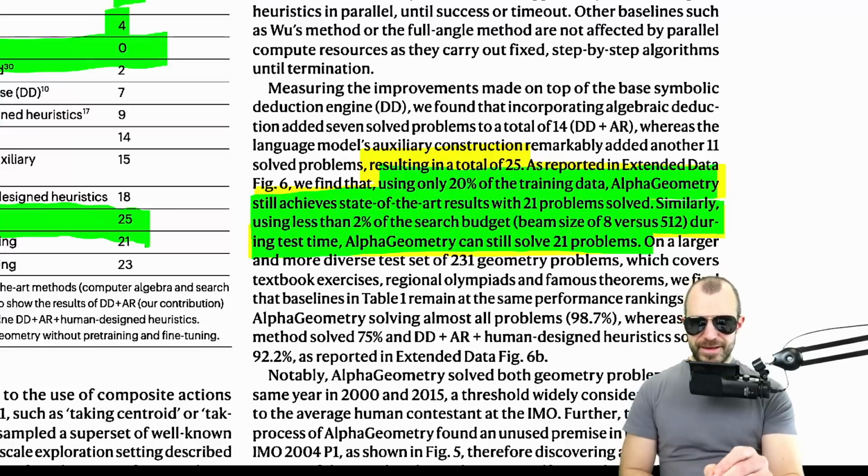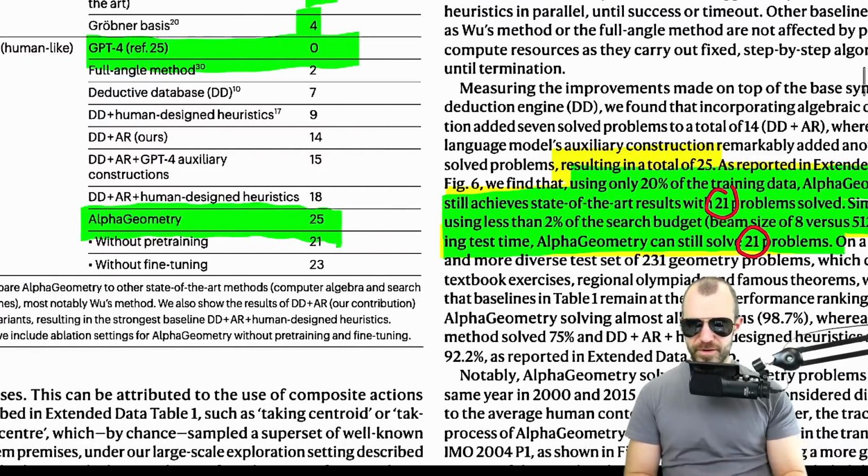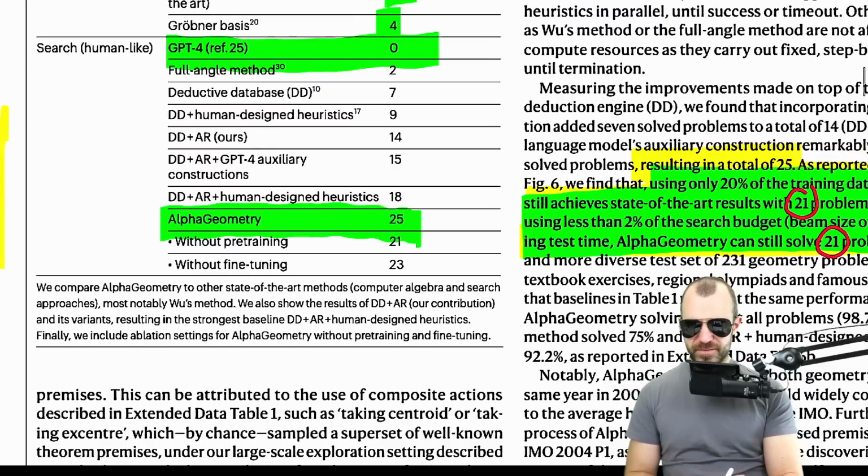So the way to read that is they got to the 21-ish mark of solved problems pretty quickly, but then they pumped a lot more compute and data into it, and that gave them 4 more problems. Without fine-tuning they solved 23, so they fine-tuned on the ones with only the auxiliary constructions, and that gives them 2 more.